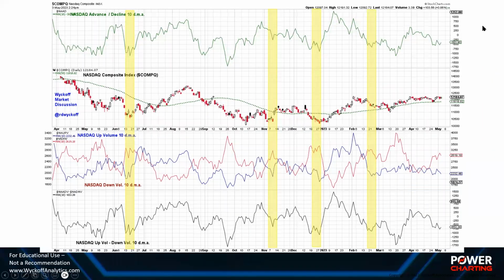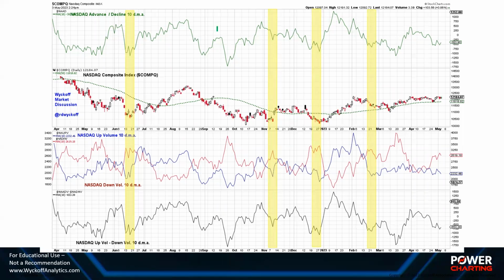But here, let's get into breadth, because this is such an important part. And this actually will speak to the more local characteristics of the market and how we could potentially have a rally going forward from here. So this is the NASDAQ Composite, and this is a form of breadth characteristic.